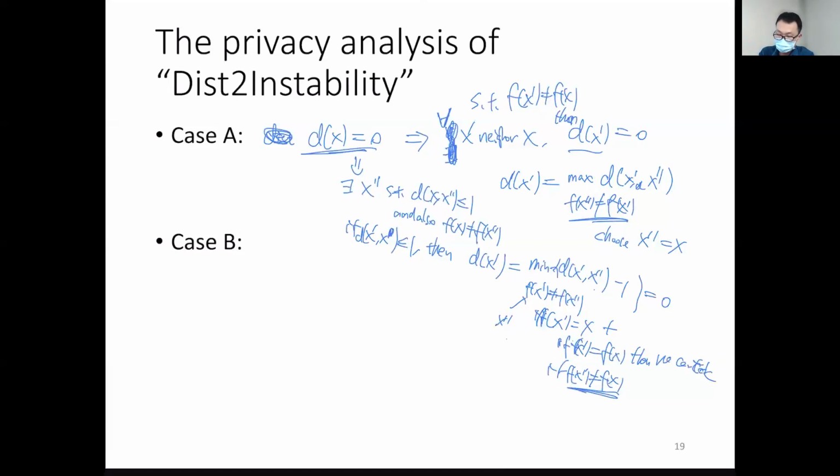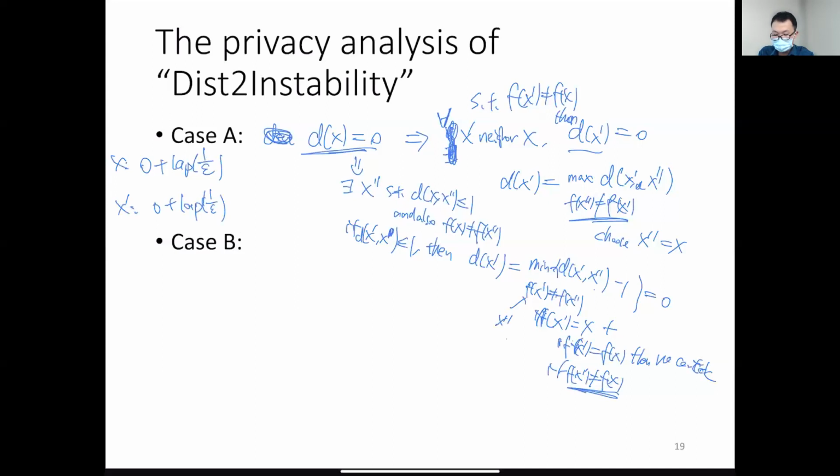And for this reason, under case 1, we're discussing the neighboring data sets when x and x' are neighbors, and both of them have distance to instability being 1, and I'm adding Laplace noise of 1 over epsilon. So on the x', I'm also adding noise 0 plus Laplace noise.